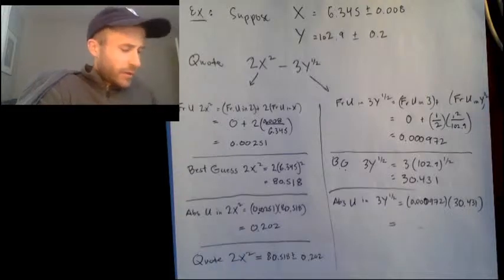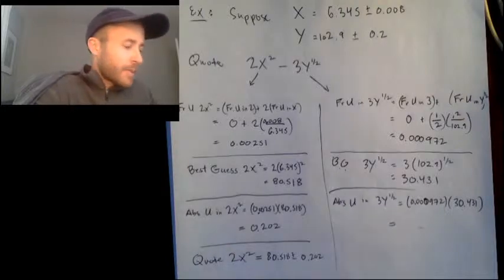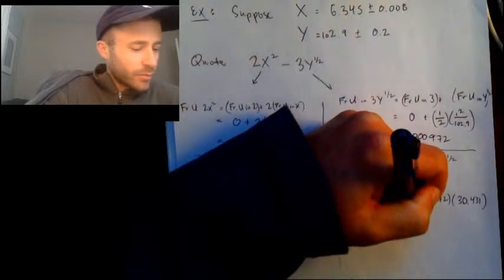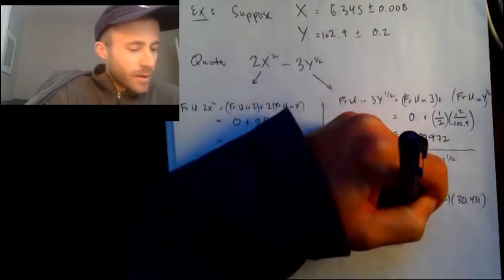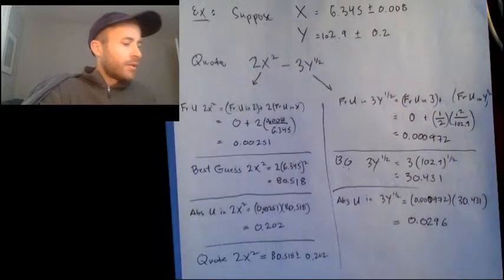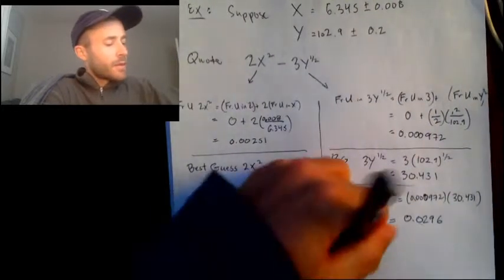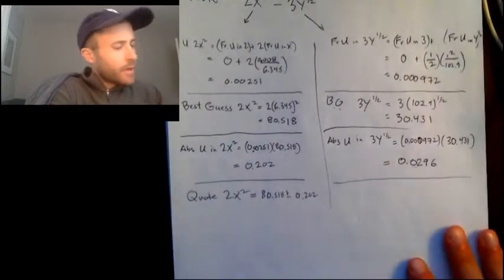One thing I want to say is that all these steps are really easily programmed on a spreadsheet or on a computer. It takes a long time when you do it by hand, like I am, but it's really quite simple when you do this on a computer.